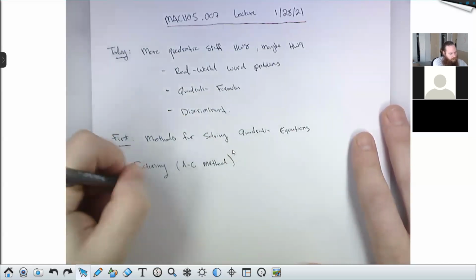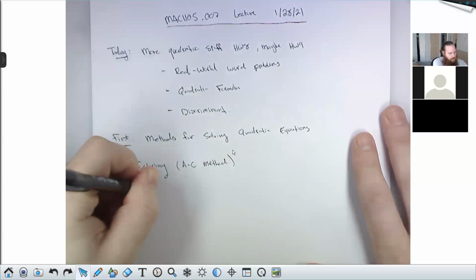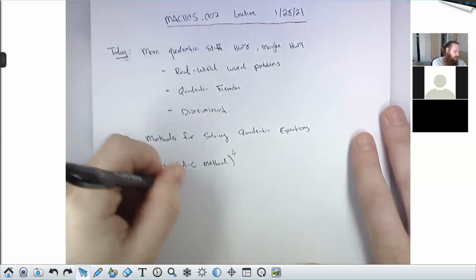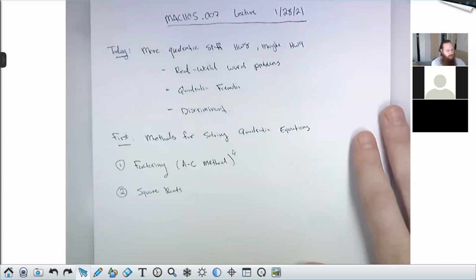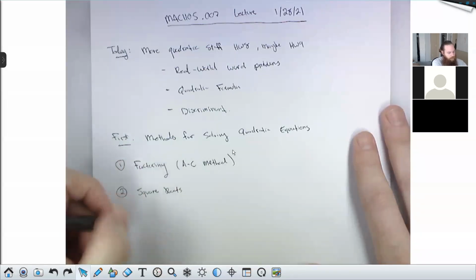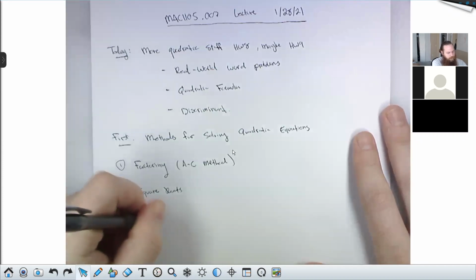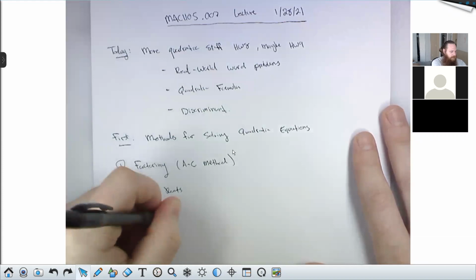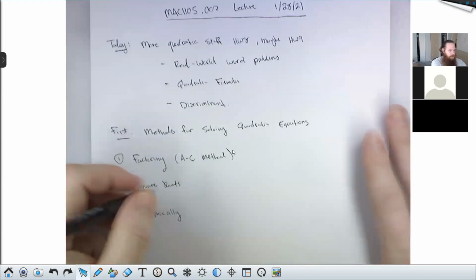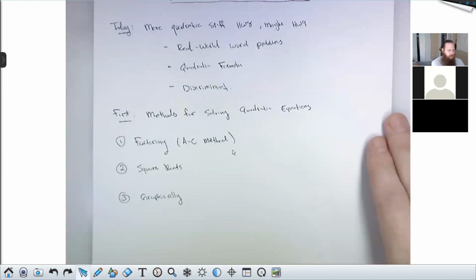Another method you can use is square roots. Right, if you can isolate the x squared term, this works fine, as long as there is no x term, as long as it's just an x squared term and a constant term. This will work. You can also solve these things graphically, and we haven't really looked at that yet, but I'll show you an example of this today. It's not really a method.